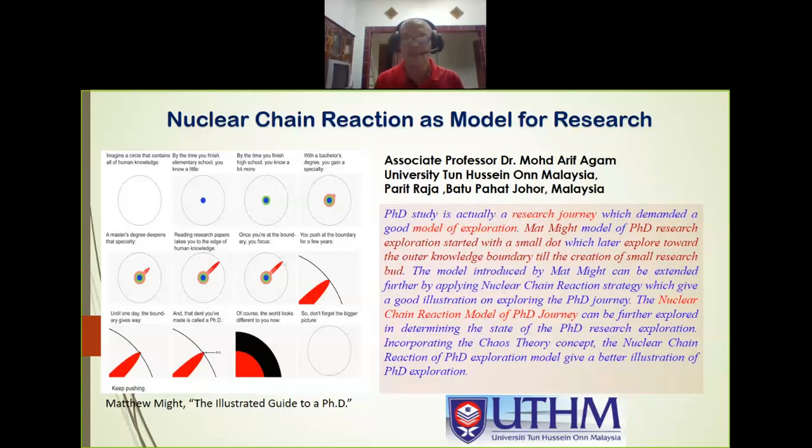So the nuclear chain reaction model of PhD journey can be further explored in determining the state of your PhD research explorations. We can see when you start, when you understand that you have done enough, and when you want to close up or finalize your thesis, that you end up your PhD journey.